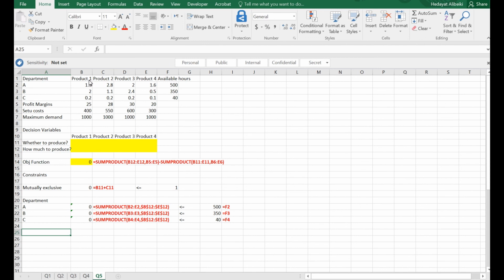Again, we have 4 products, and then the amount of production for each product. I can call this connection constraints, or fixed cost constraints.